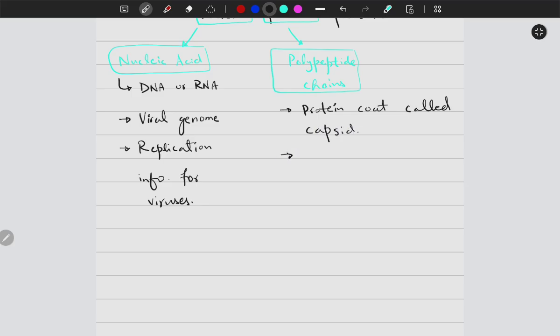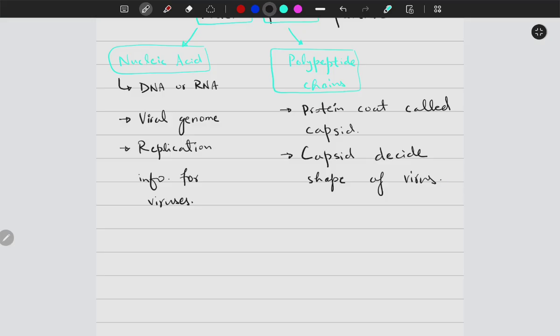Now the shape of the virus depends on the capsid. Capsid decides the shape of the virus, and viruses exist in different shapes.